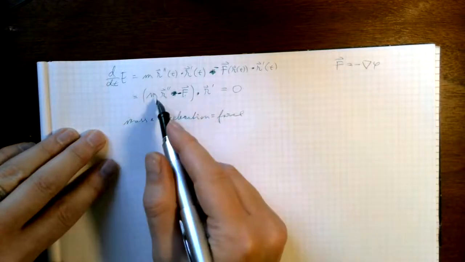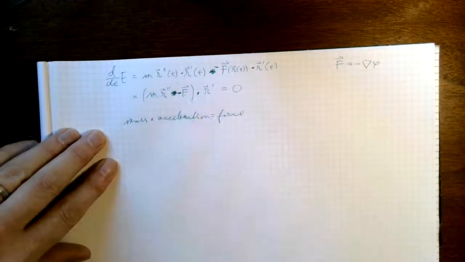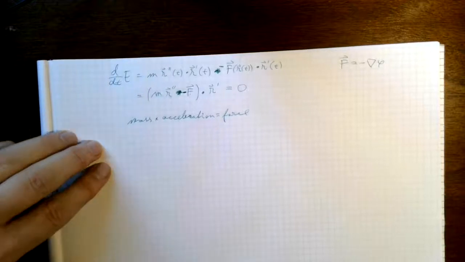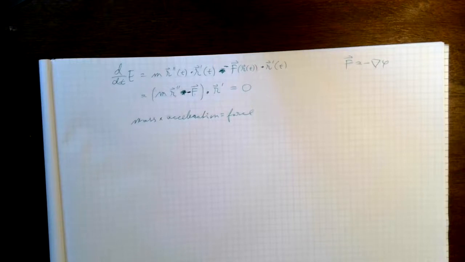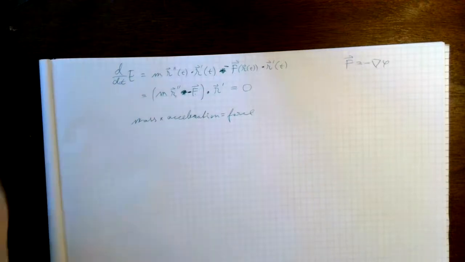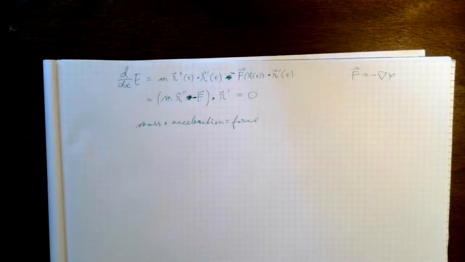It just follows from Newton's second law, or vice versa. You could say, if we have conservation of energy, we've just derived Newton's second law. Either way, you get one direction or the other. So that's really where these things come up in physics.